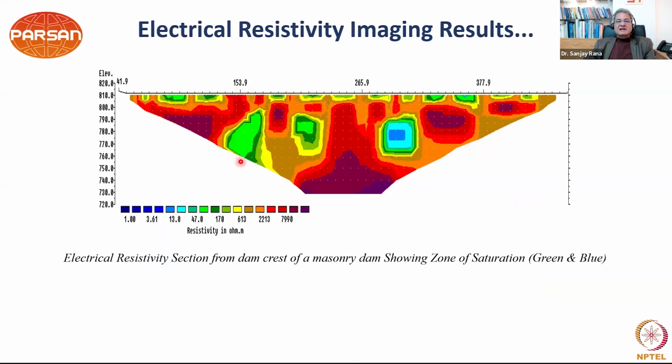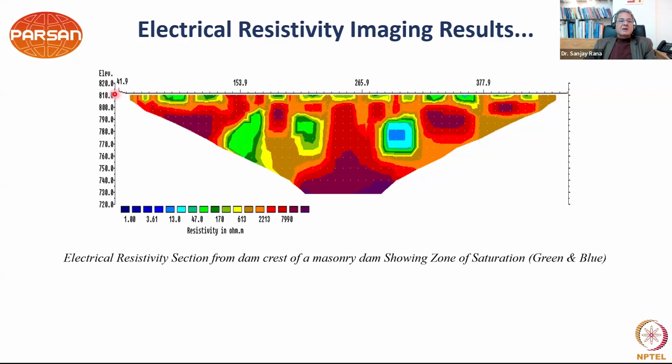So, for example, this is the dam which has been investigated. All the good areas of the dam have resistivity values in almost the reddish tones, and whatever areas have more saturation of water or concentration of moisture have come as low resistivity areas.